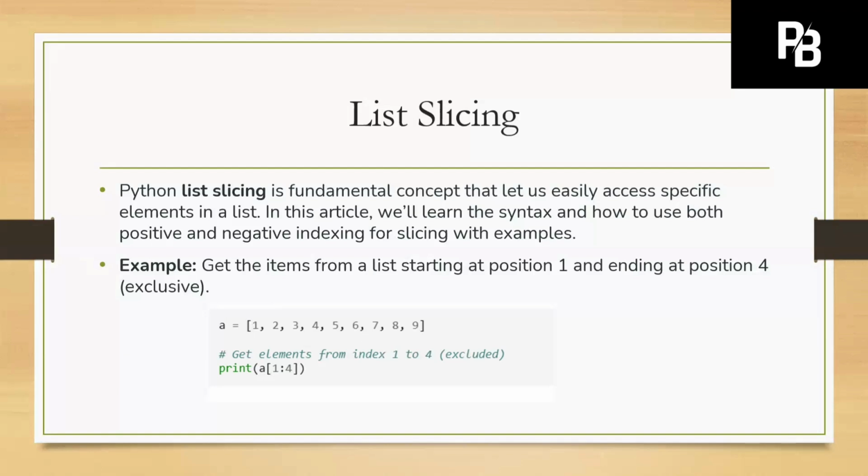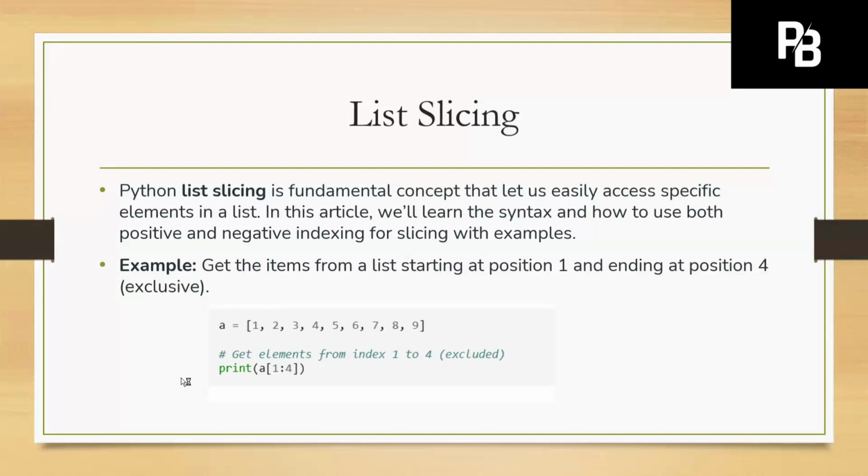Now, if I just want to get the elements from index number 1 to 4, with 4 excluded, that we already know, the last value is never included. So I write my list name, square brackets, then whatever range I want, I mention there: 1 colon 4.